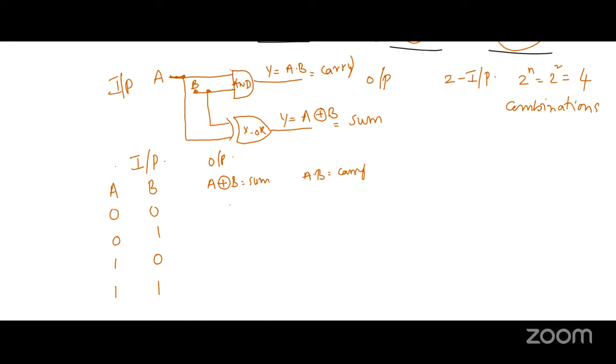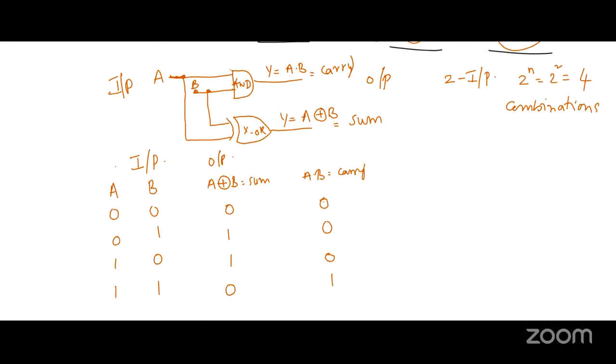Both zeros, 0; high, high. What is the AND gate for A dot B? 0.0 is 0, 0.1 is 0, 1.0 is 0, 1.1 is high. Okay. So for the XOR gate, sum should be 0, 1, 1, 0. Carry should be 0, 0, 0, 1.